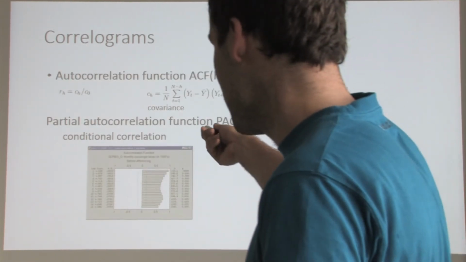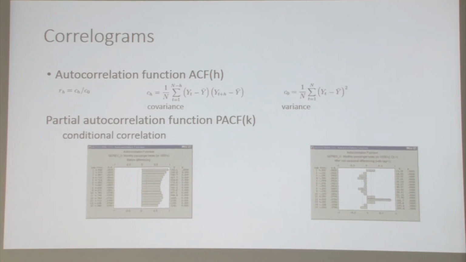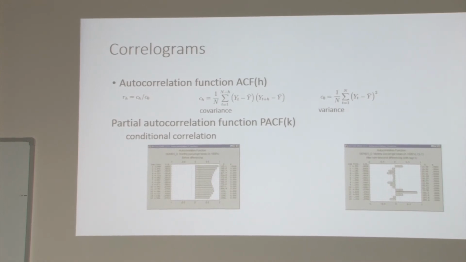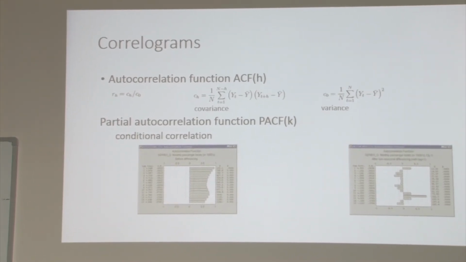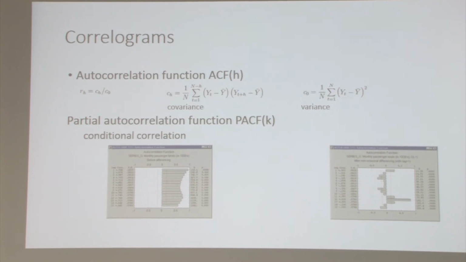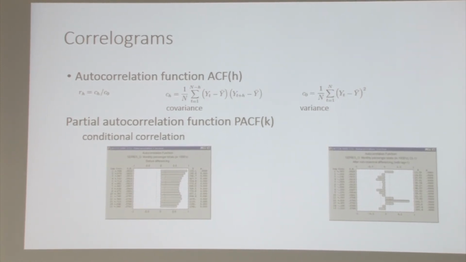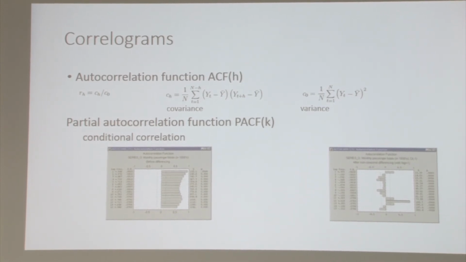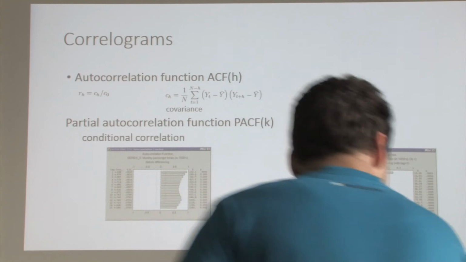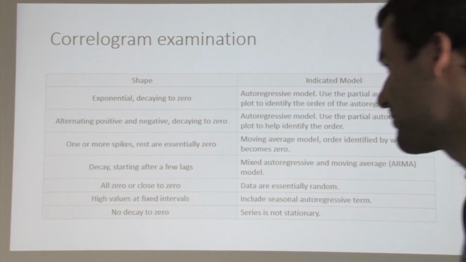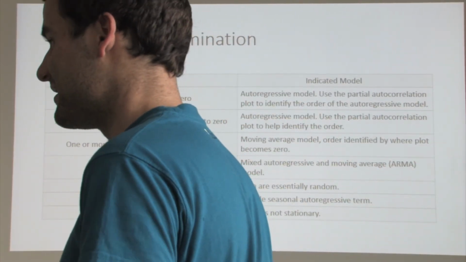If you look at this data, we can probably say that this is exponentially going to zero, so we might be able to use the autoregressive model, but we can't be sure because we have only a few lags there. From that we would probably determine that it has no significant decrease, which would lead us to the point that it is not stationary, which is true in this case because there is obviously a trend in the data.